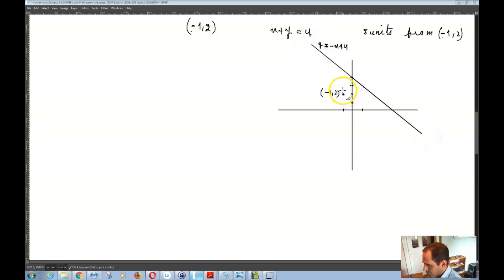I need to somehow calculate the slope of another line.